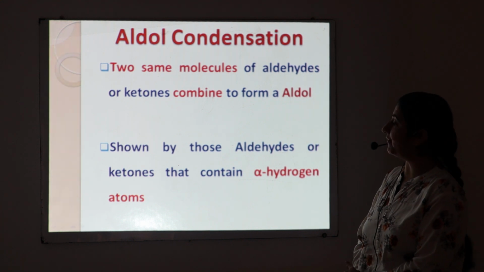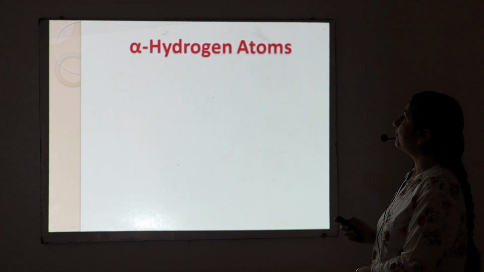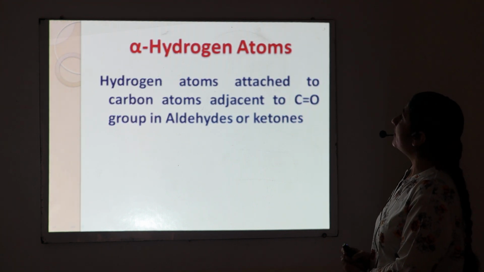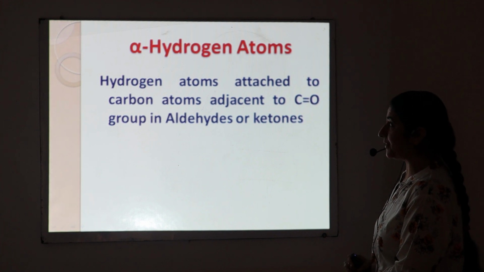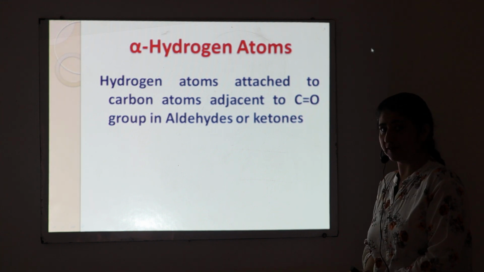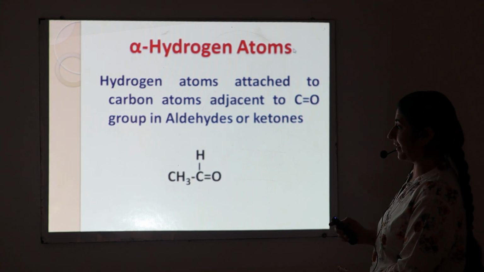First of all, I will discuss what we mean by alpha hydrogen atom. Alpha hydrogen atoms are those atoms which are attached to the carbon atom adjacent to the carbonyl group in aldehydes and ketones. To illustrate it, I am taking the example of acetaldehyde.